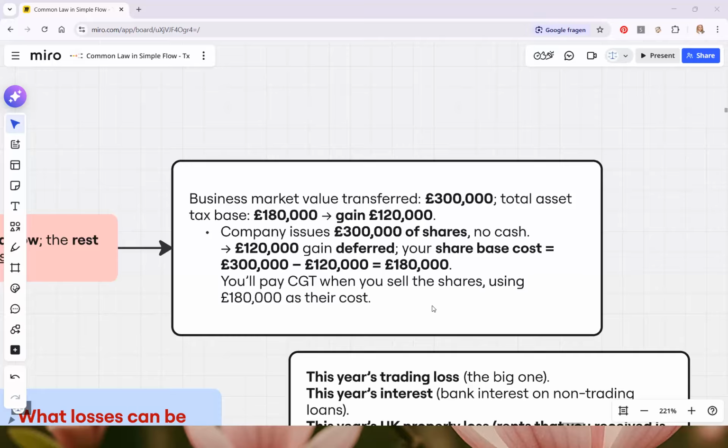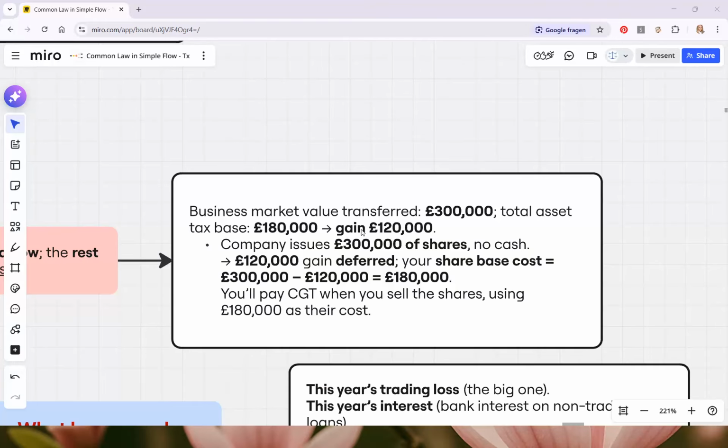Your share base cost is 300,000 minus 120K, so 180K is your cost. So you pay CGT when you sell the shares.